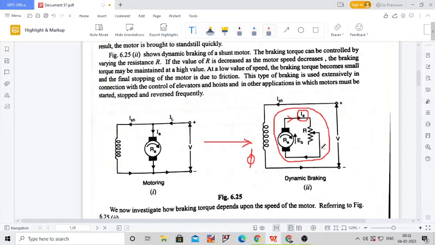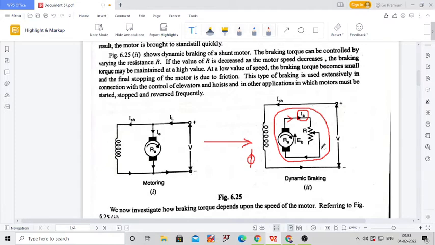and in other applications in which the motor must be started, stopped and reversed frequently. Now there have been different inventions in this machine and its control strategies, so we do not frequently use dynamic braking for elevators and hoists.